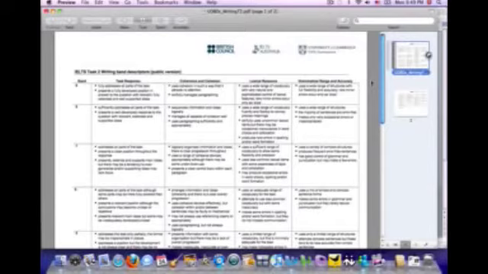The final column is the grammatical range and accuracy column. And this deals with the ability of the student to write grammatically correct sentences and to employ proper punctuation and to avoid even minor errors such as spelling.